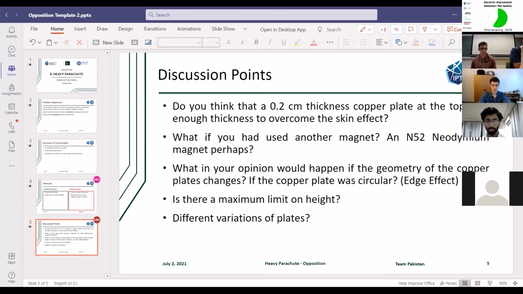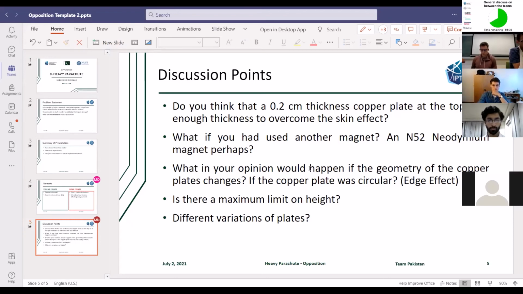So our model assumes that the plate is much bigger than the magnet. I do agree with you that a factor that takes into account the size of the plate, if it wasn't much bigger than the magnet, would improve our model.